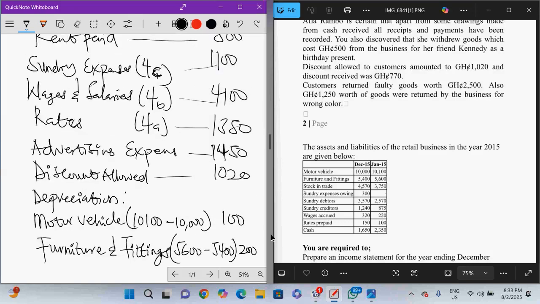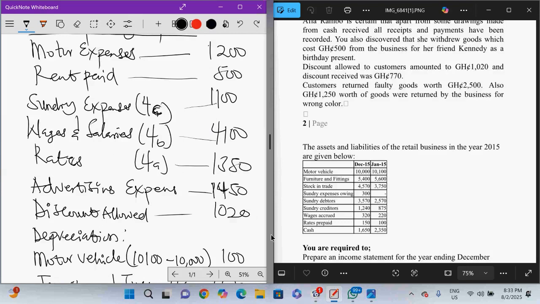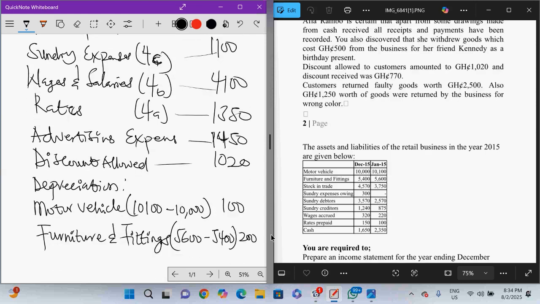So give me the total expenses. What are the total expenses? 11020.